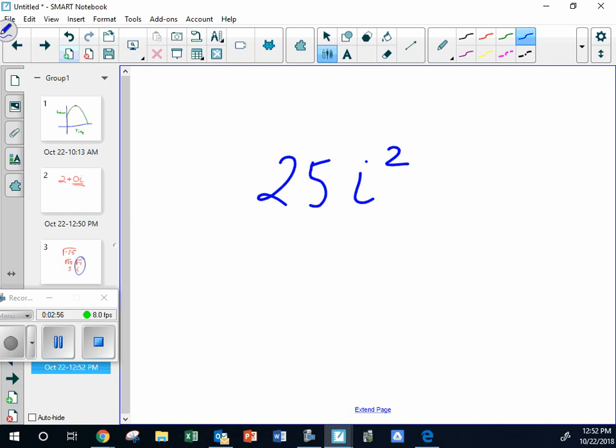Except today I'm going to teach you how to figure out what i squared is equal to, or i to the third, or i to the fourth, or i to the fifth, i to any power. You can figure out what it's equal to.